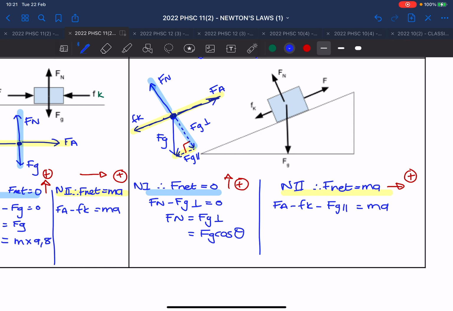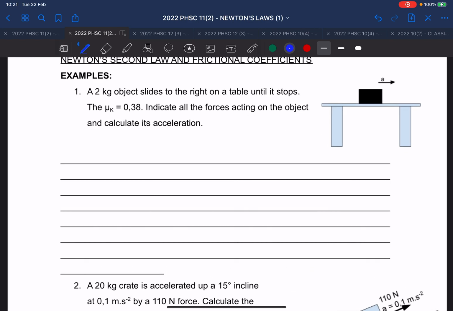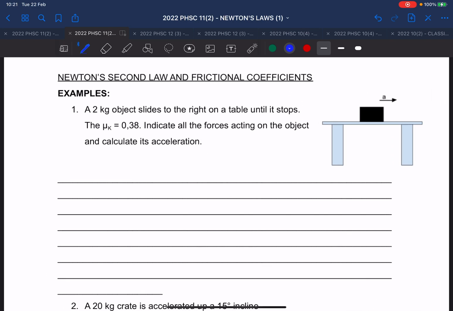Okay, so turn your page. It's your next page, then your past paper.